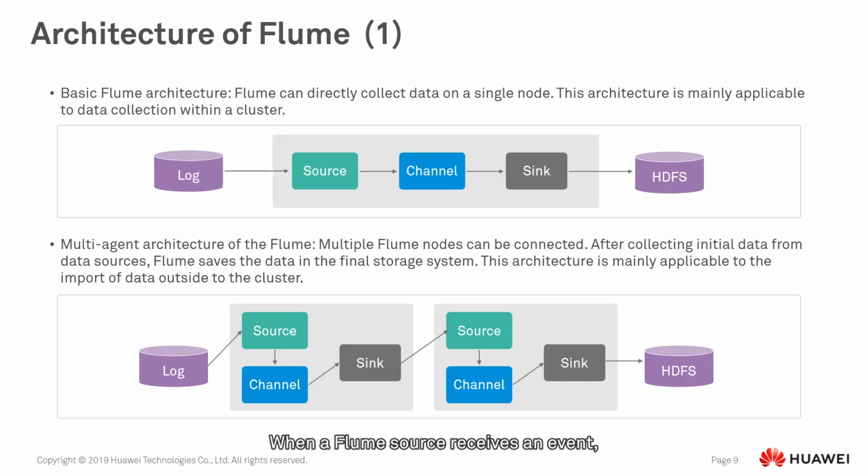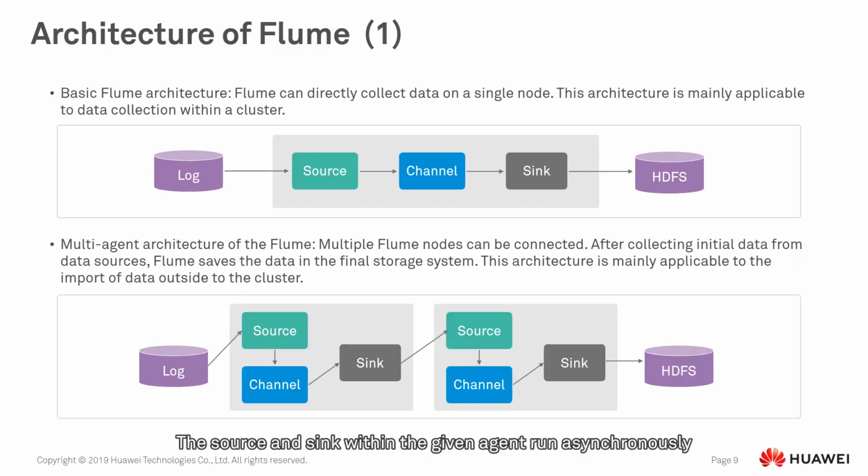When a Flume source receives an event, it stores it into one or more channels. The channel is a passive store that keeps the event until it's consumed by a Flume sink. The sink removes the event from the channel and puts it into an external repository like HDFS, or forwards it to the Flume source of the next Flume agent in the flow.